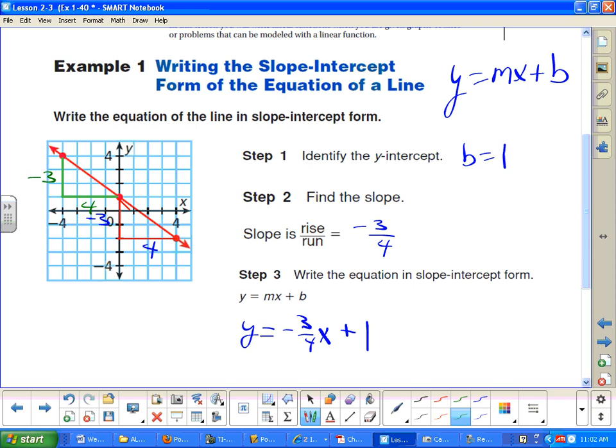If you got 6/8, what he's saying is that I could come all the way down to here and all the way over to here, which would be negative 6 over 8, but that's still going to reduce to 3/4. So either way, I need to simplify it. So use any pairs you want to work with.